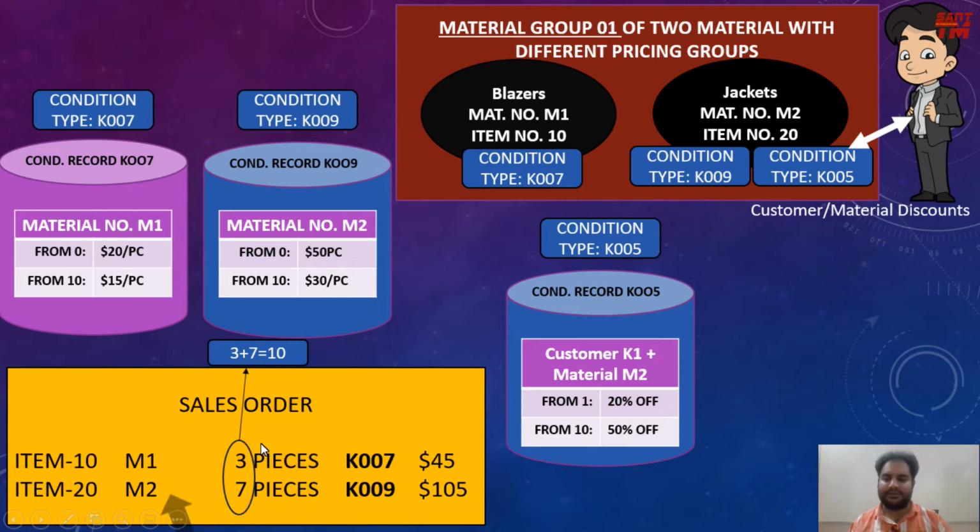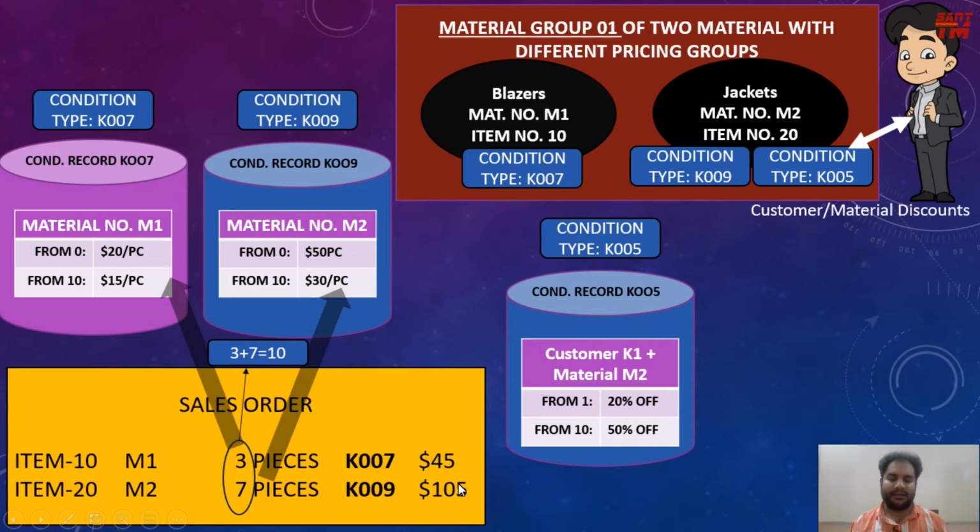So these 3 pieces would be charged according to this condition from 10 and above, that is $15 per piece. So 3 into $15 is $45. This is okay. Now come to this. These 7 pieces would be charged according to condition type K009 from 10 and above, because total order quantity is 10. So $30 per piece. So 7 pieces multiplied by $30 per piece would give us $210.